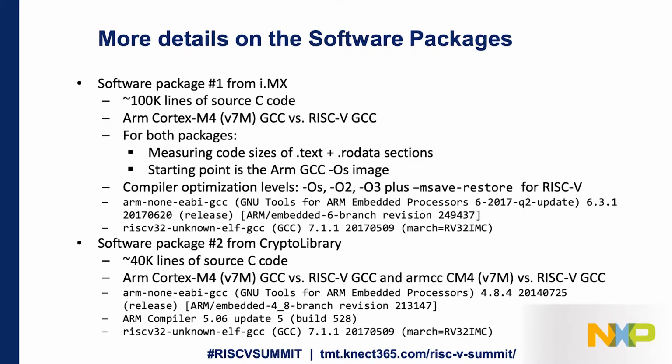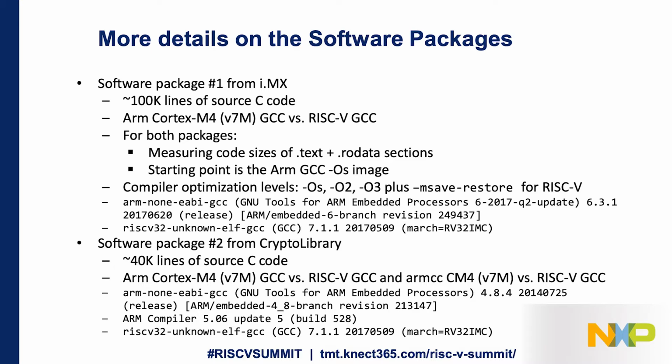If we go into a little more detail on the software packages, the first package is from the IMX family, as I mentioned. It's about 100K lines of source C code, and the comparison for this particular package is looking at GCC for ARM Cortex-M4 versus the RISC-V GCC compiler. For both packages, we're comparing measured code size of the text and read-only data sections from the package.